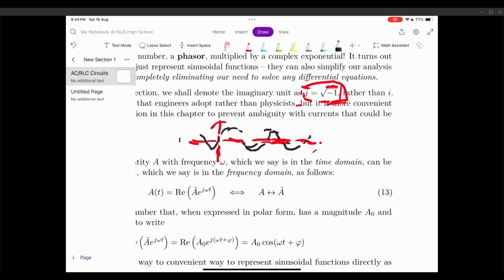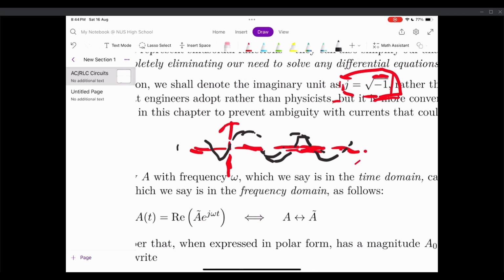There are two things to describe this sinusoidal curve. One is your amplitude A, and another is your phase, which describes where exactly it starts. There's also your frequency, but here we're assuming that your frequency is constant throughout, so you don't really care too much about it. But let's say you want to include some sinusoidal function that has some constant frequency as a singular number.